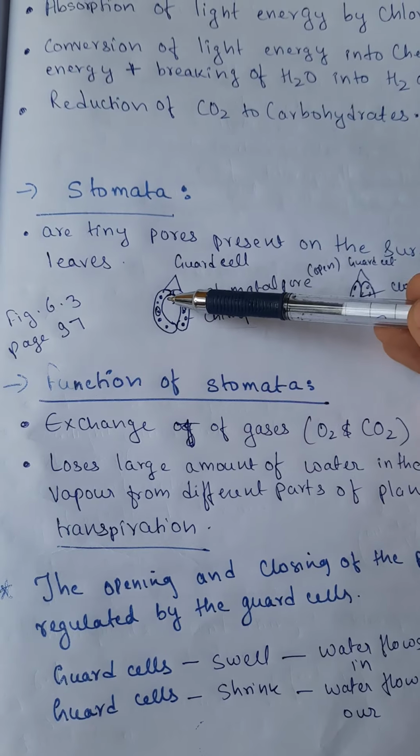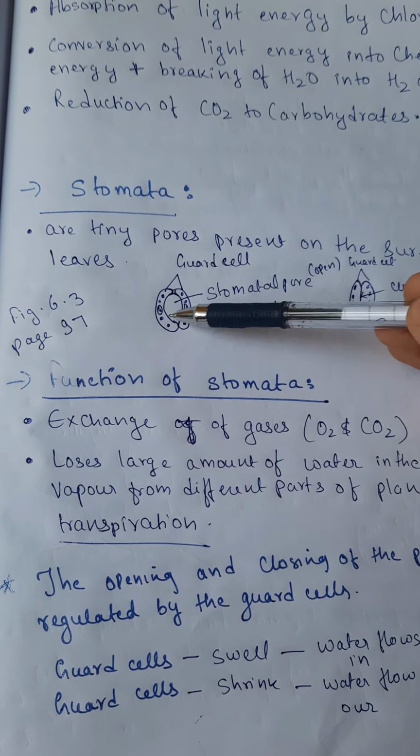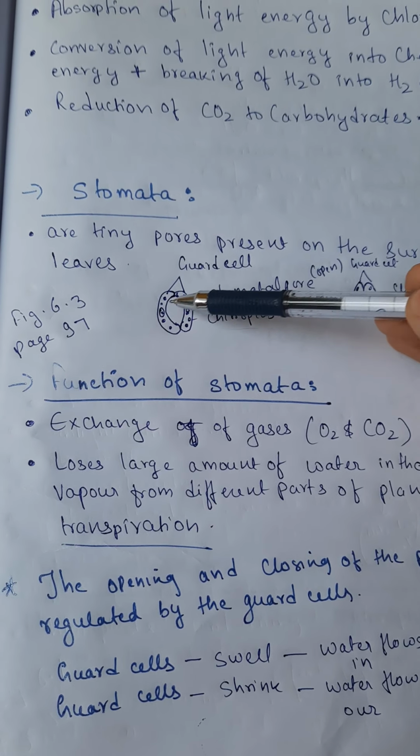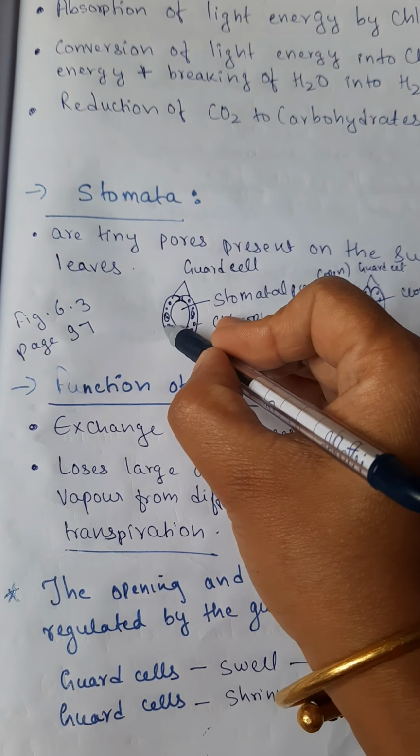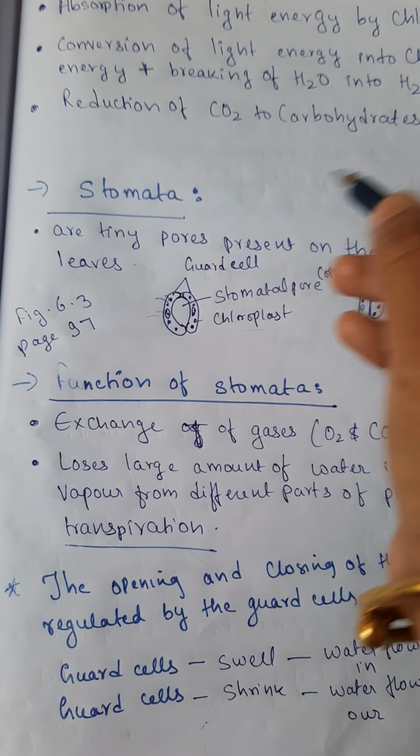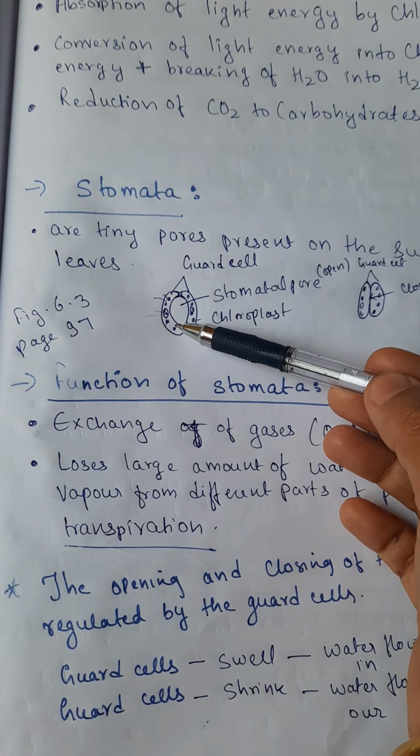Now, when the water flows inside the guard cell, the guard cell swells up, making a hole. At that time, the stomatal pore will open. Now, when the water flows out of the guard cell, the guard cells shrink, hence closing the pore of the stomata.